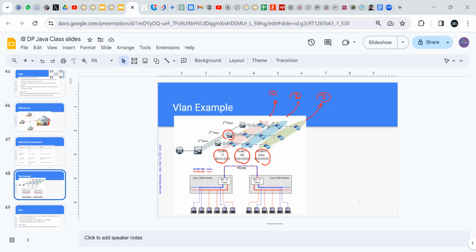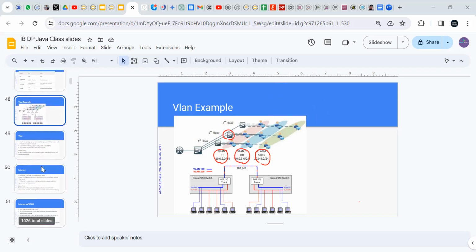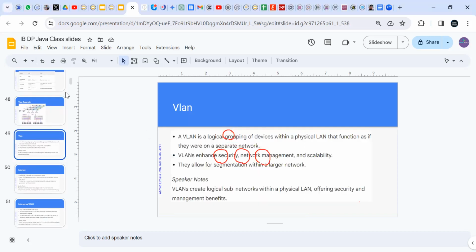Yes, they could be sitting together on nearby desks, but the resources should not be shared between them. Documents and information should be segregated between different departments. So that's why we use virtual LANs, and it's really common in companies. Okay, so that's a virtual LAN.